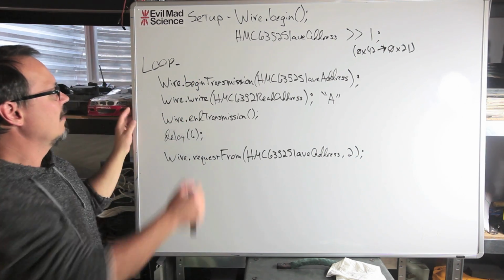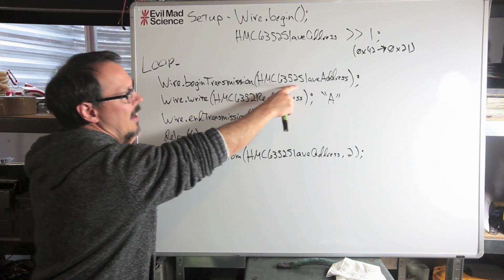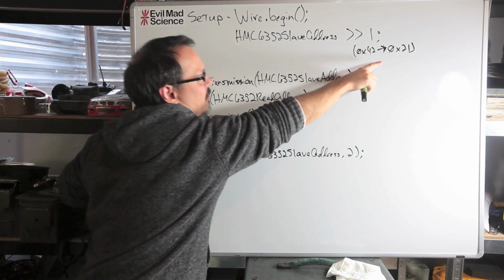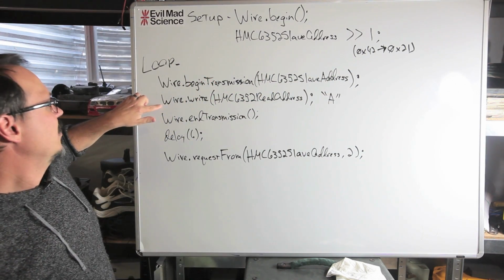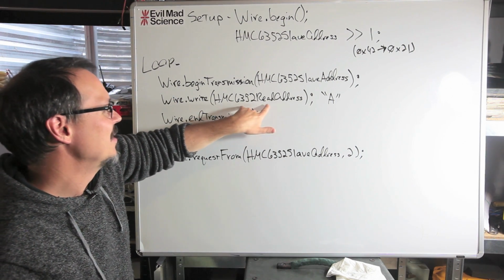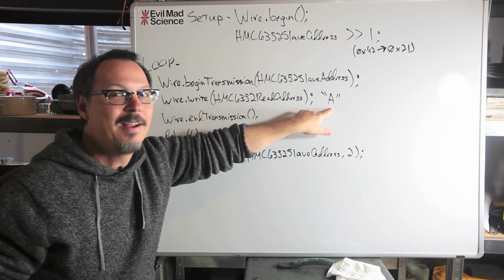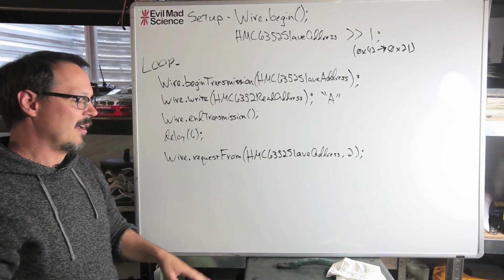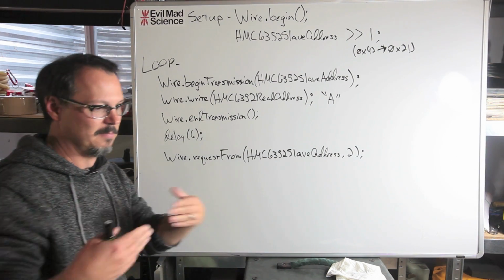In the loop, we have Wire.beginTransmission, and it goes to this address, which is now 21, and we want to write to what he's got set up as the read address. It's basically the A command, which if you look at the data sheet, says get heading data.